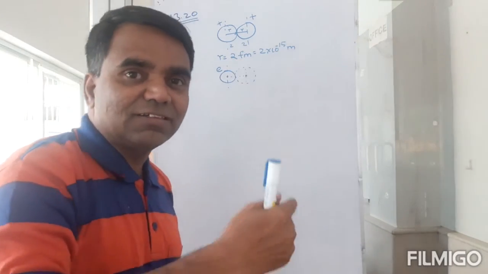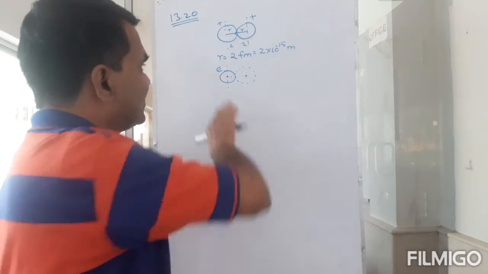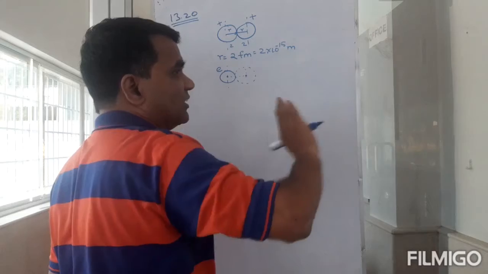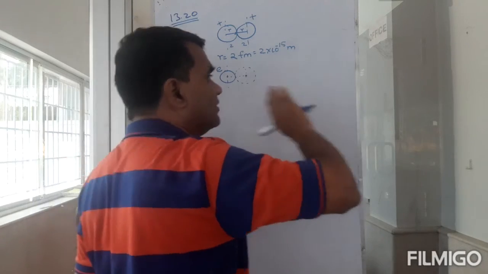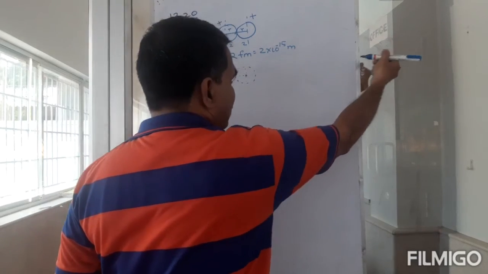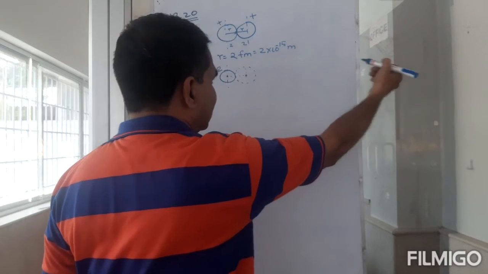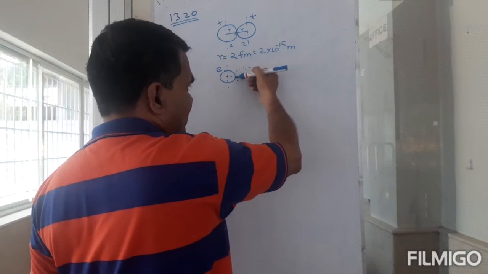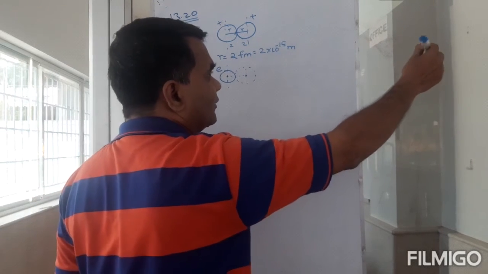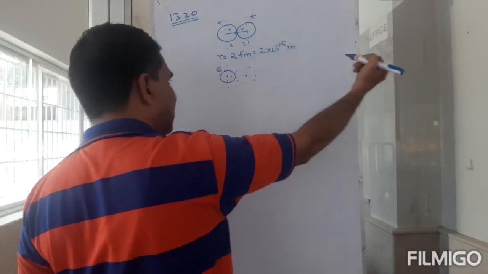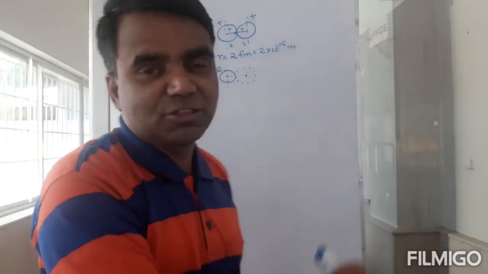Anything more than that will go, because otherwise it's going to keep pushing it, right? Anything less than that, it won't even touch. It will come, it will slow down, it will go back. And if you throw it faster, then it will come and touch here and then go back. And if you throw it even faster, it will come and hit it with a certain speed.